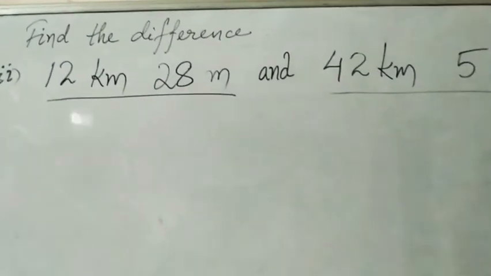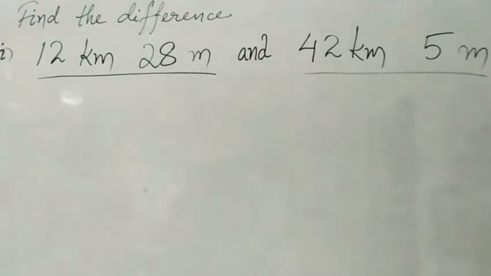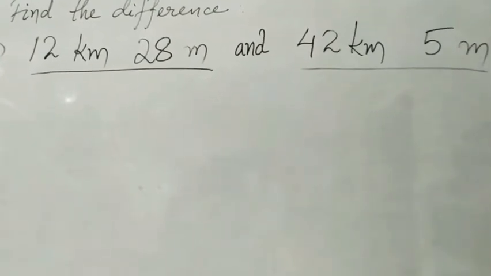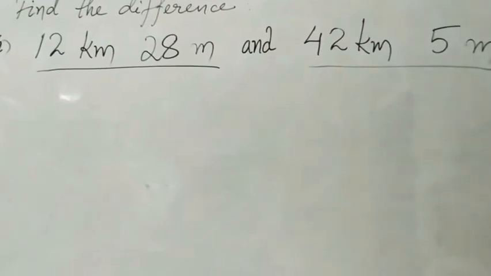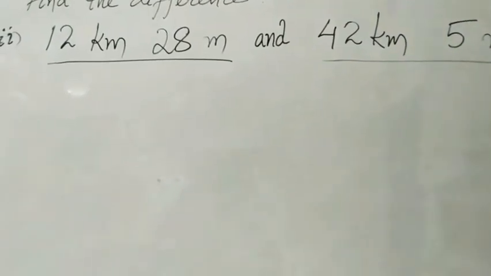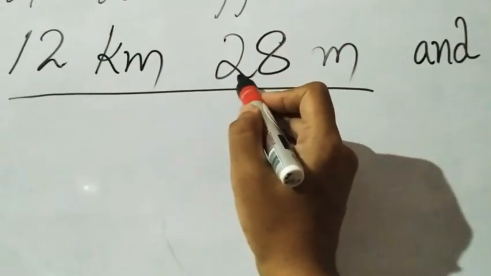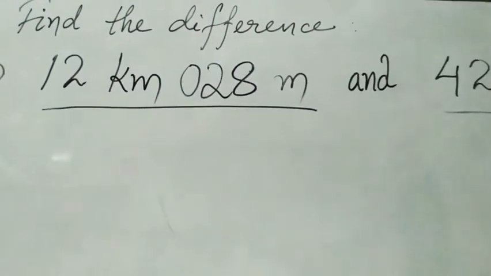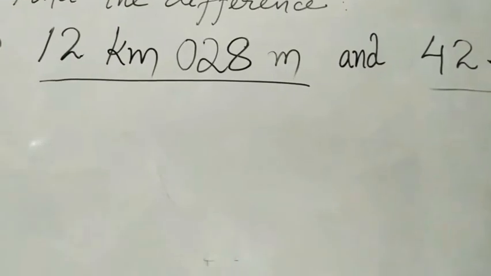Now first, before doing the subtraction, remember 1 kilometer is 1000 meter. So meter when it is in the second column, you have to write 3 places. That is ones place, tens place and hundreds place. So as hundreds place is not there, put a 0. Like there you have put in centimeter 2 places.